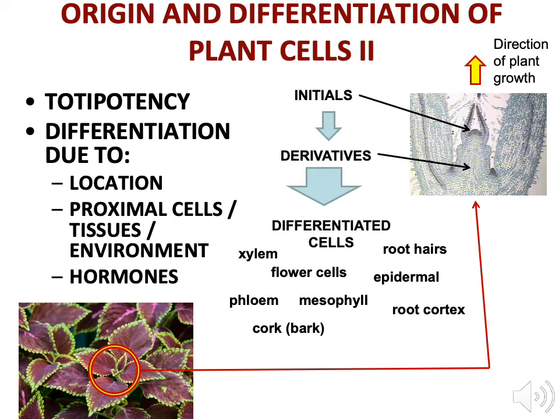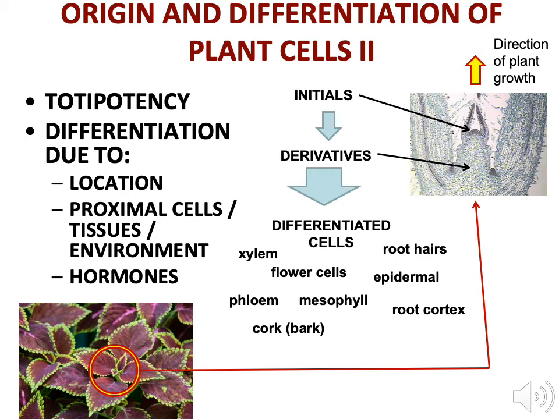That means there's got to be factors that influence the differentiation of a plant cell into some differentiated mature cell type. I mean, if any cell can potentially become any cell in the plant, something's going to guide that development. So I've got a bullet point that says here: differentiation due to location, proximal cells, proximal tissues, the environment, hormones.